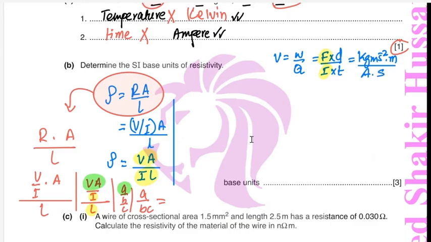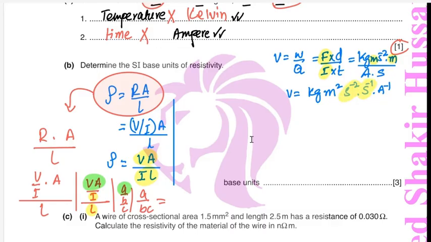So simplifying this, the potential difference unit will become kg, m and m make meters squared, s power minus 2, and this s from the denominator will go into the numerator and become s power minus 1 into A power minus 1.